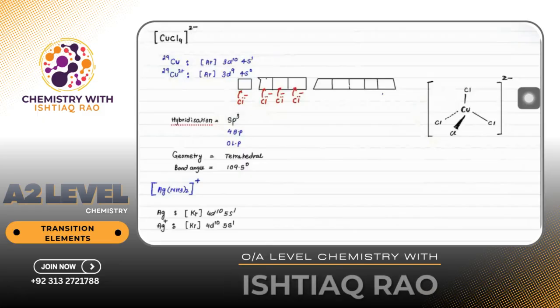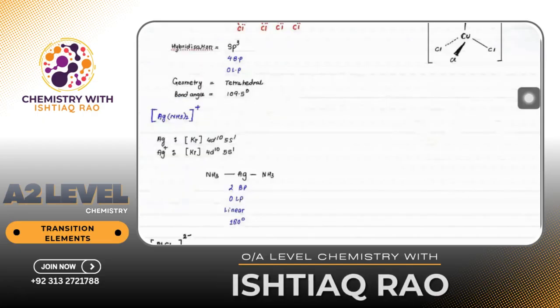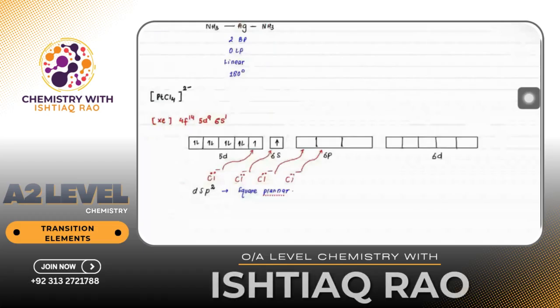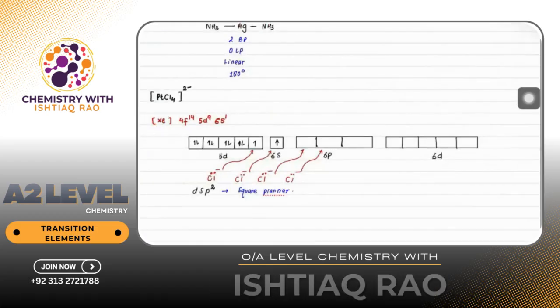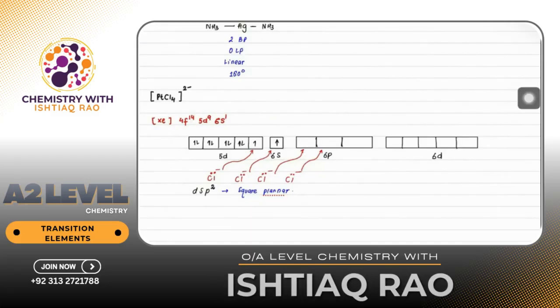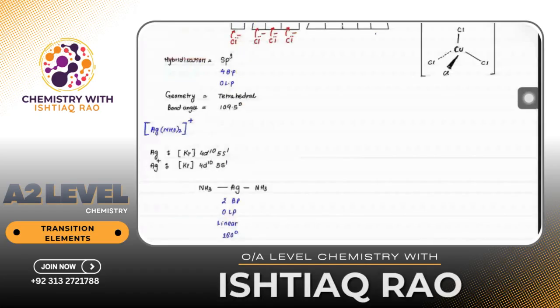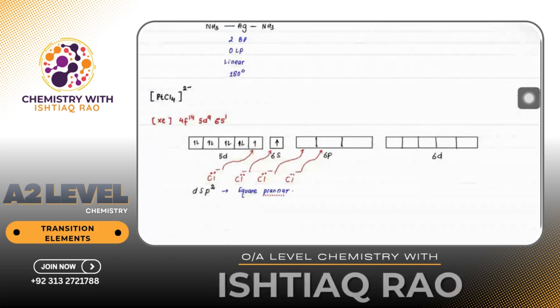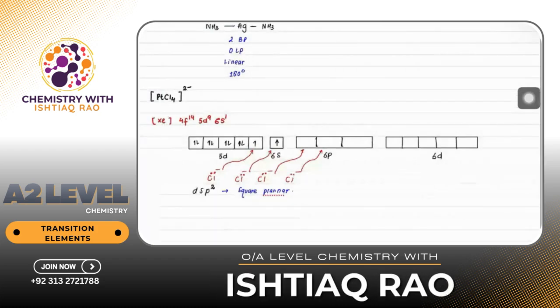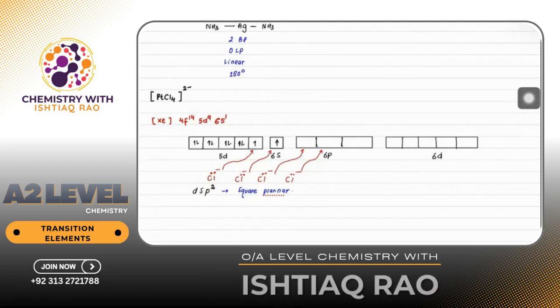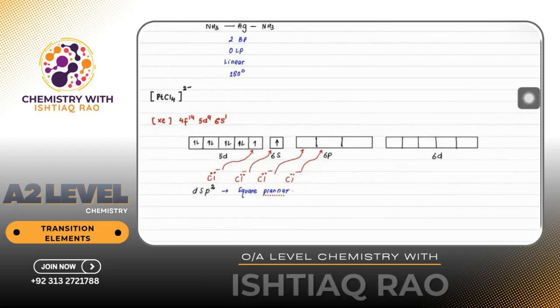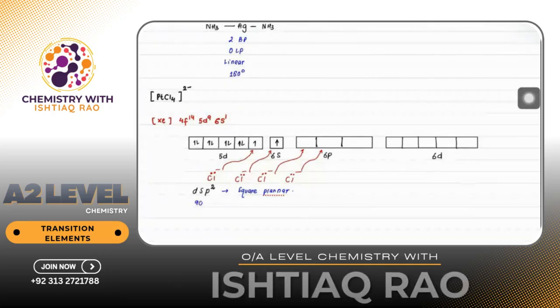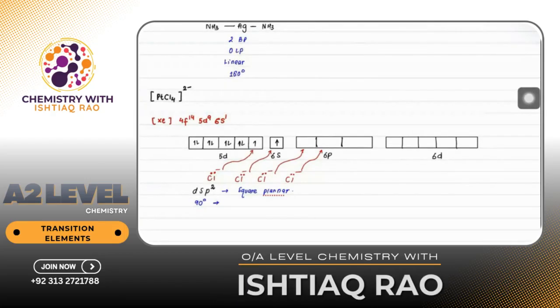And if the hybridization is dsp2, it would be square planar, right? So everything is easy. When something is square planar, the bond angle would be 90 degrees.